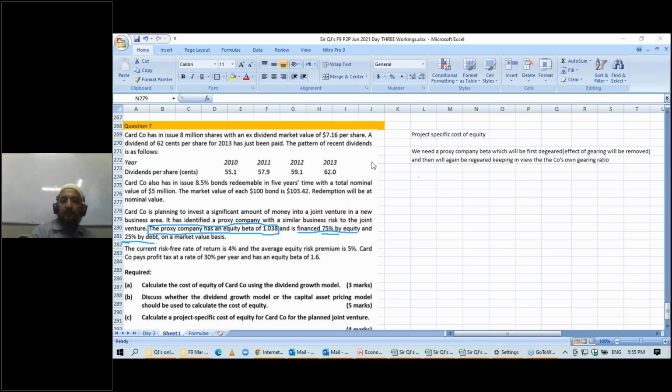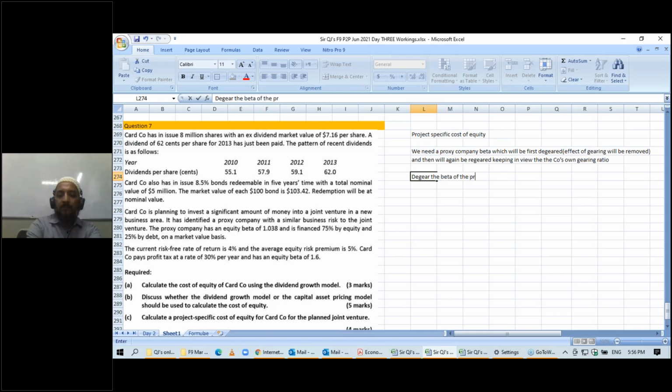So what's the formula for this? Okay. First step will be to de-gear the financial risk, de-gear the beta of the proxy company.